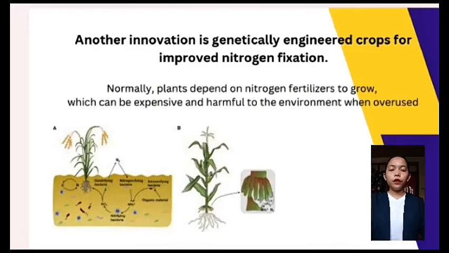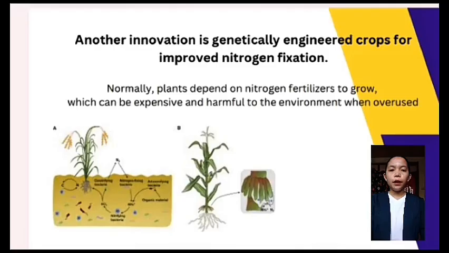Another function of nitrogen fixation is soil enrichment. Nitrogen-fixing plants like legumes can improve soil fertility. Second is ecosystem balance. Nitrogen fixation helps maintain the balance of the ecosystem, supporting biodiversity and ecosystem health. Third, climate regulation.